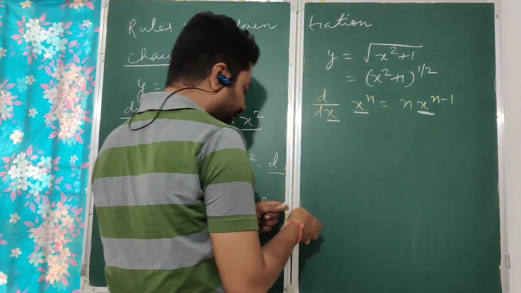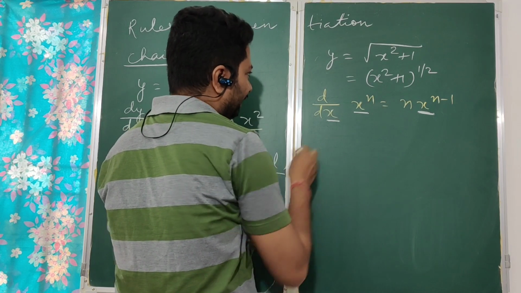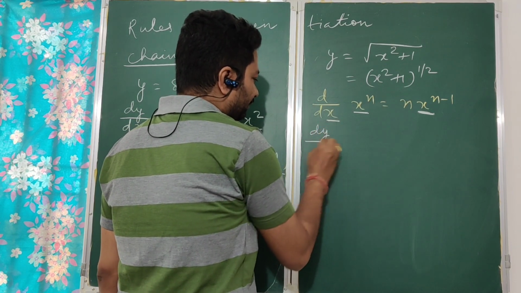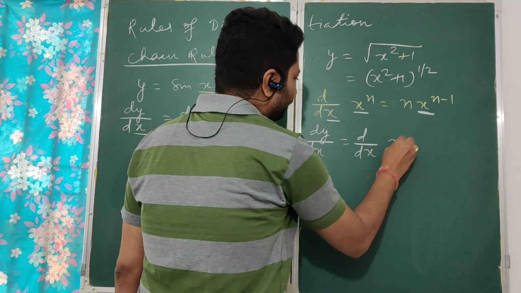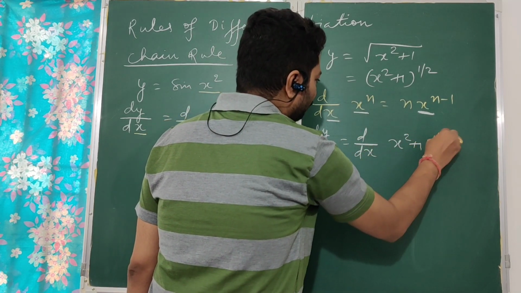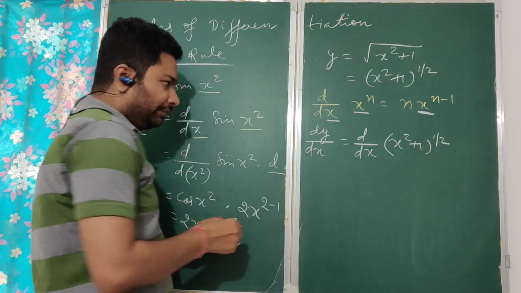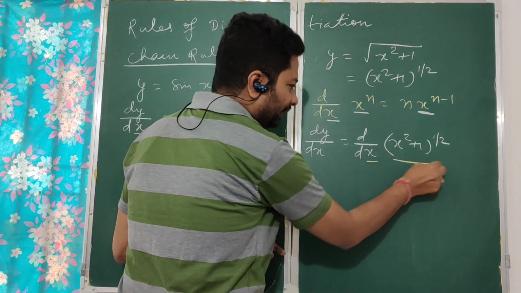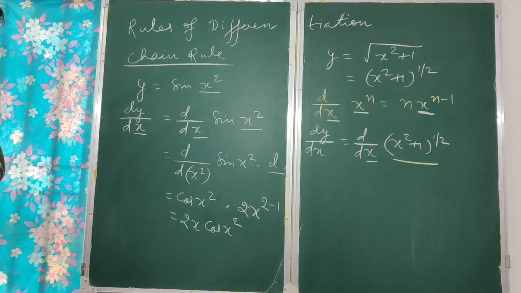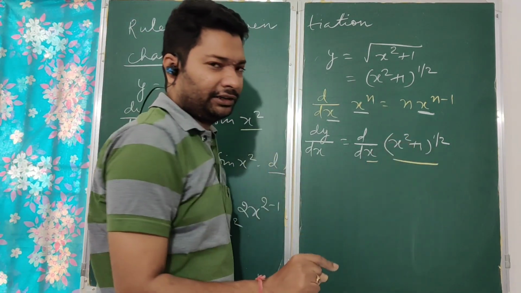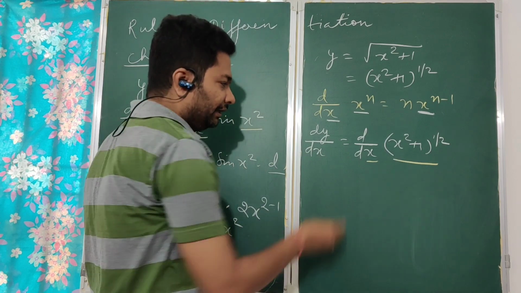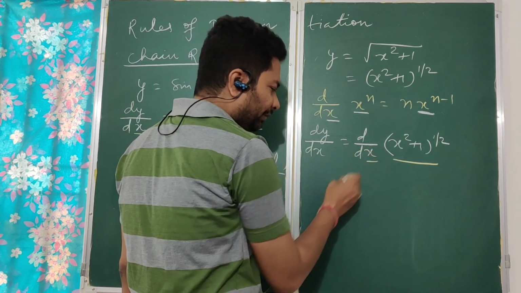Now if we try to do the same thing with that function, we can write dy by dx as d by dx of x square plus 1 to the power of half. The problem here is we have x, but here we have x square plus 1 to the power of half. So what should we do? We cannot change the function which has to be differentiated, but definitely we can change the denominator.